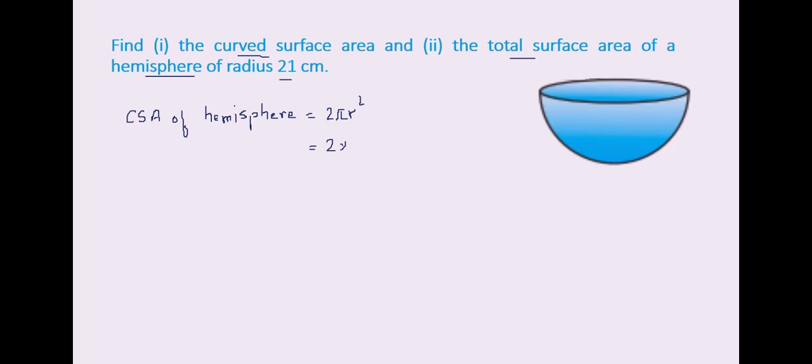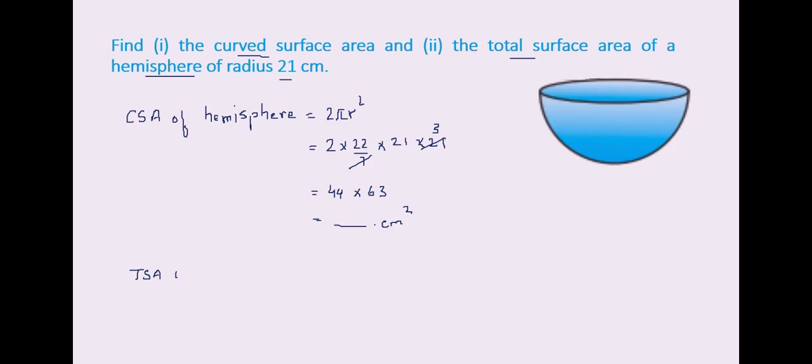So 2 into 22 upon 7 into 21 into 21. 7 threes are 21, 22 twos are 44, 21 threes are 63. Multiply this, you will get your answer in centimeter square.